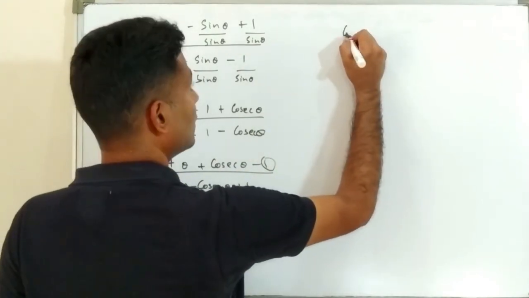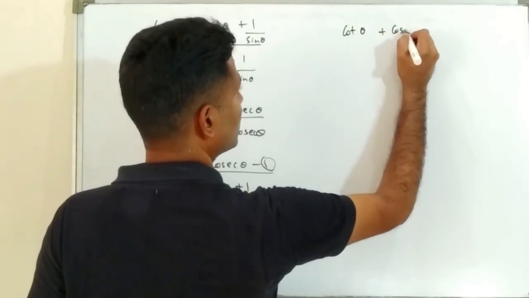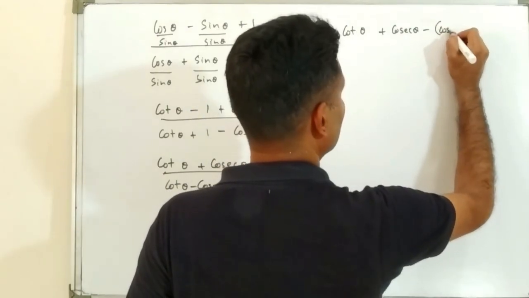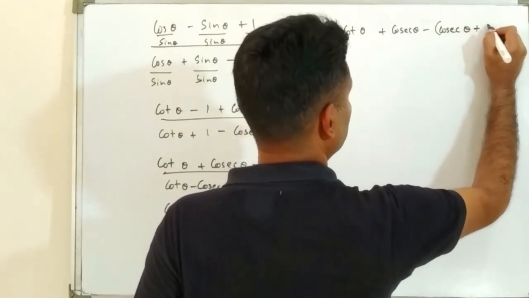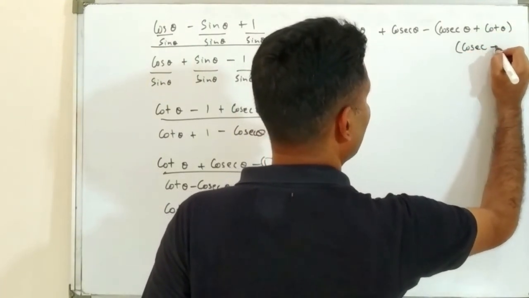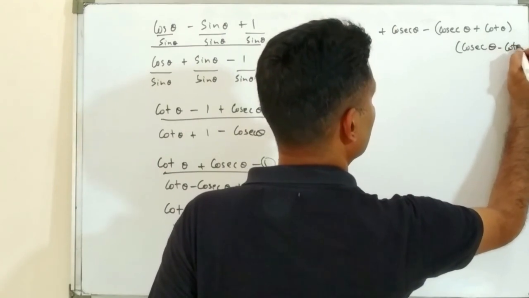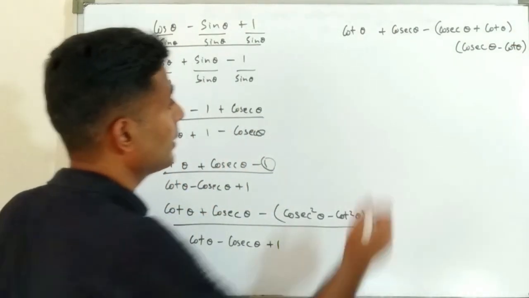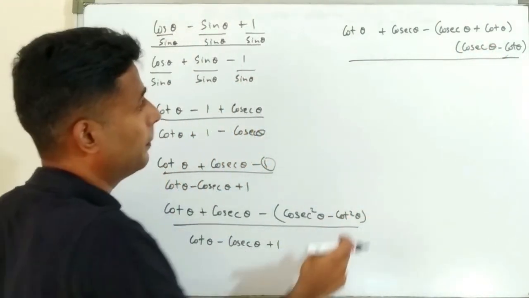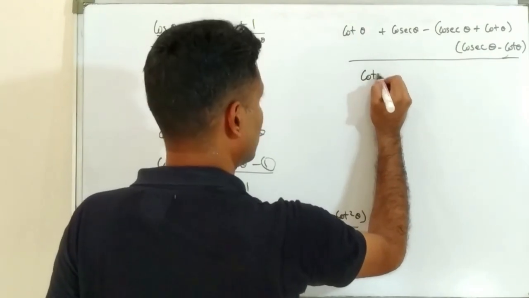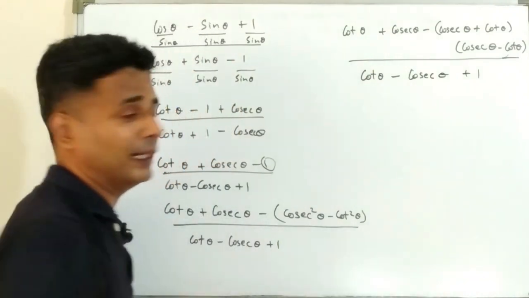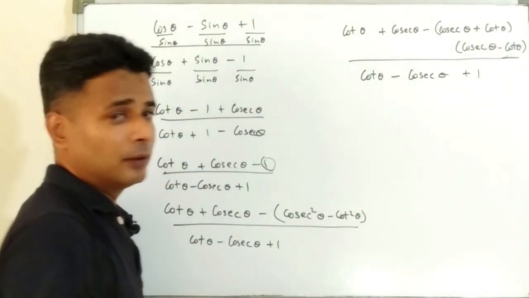Now this becomes cot theta plus cosec theta minus... a square minus b square can be written as a plus b into a minus b, right? So a plus b into a minus b by cot theta minus cosec theta plus 1, right?